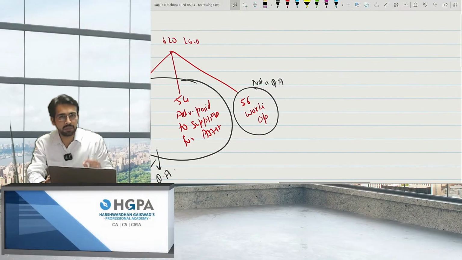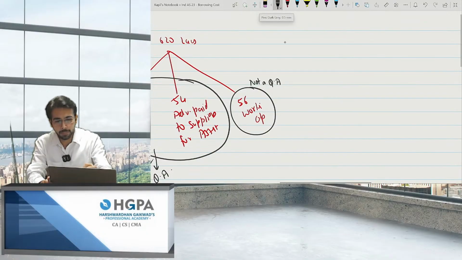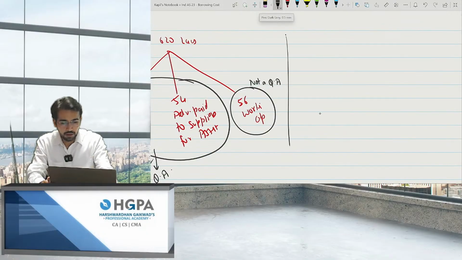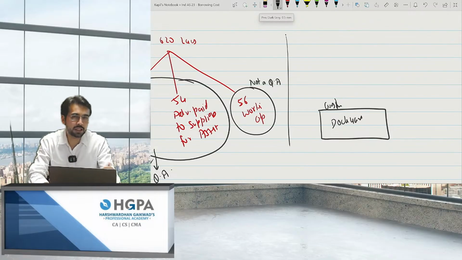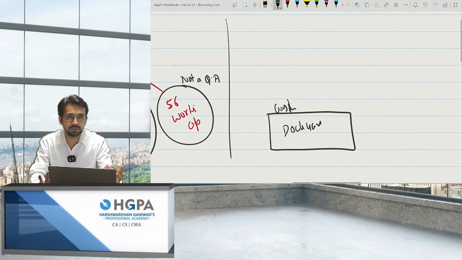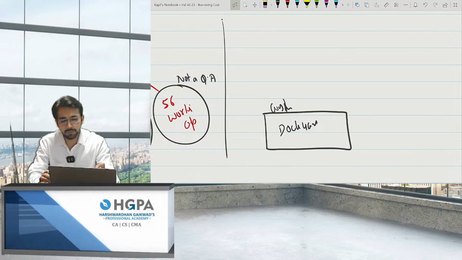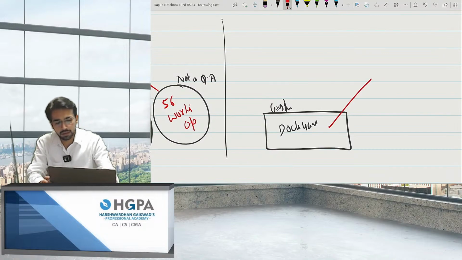See, there is a very basic point. I'll explain that. Let's say I'm constructing a dockyard. Obviously, whatever expenditure is made will be capitalized. Obviously, the loan amount will be capitalized, right? For this dockyard, I purchased a crane.